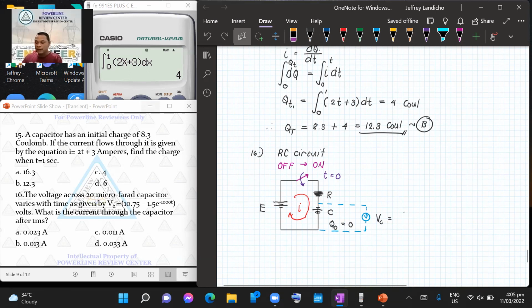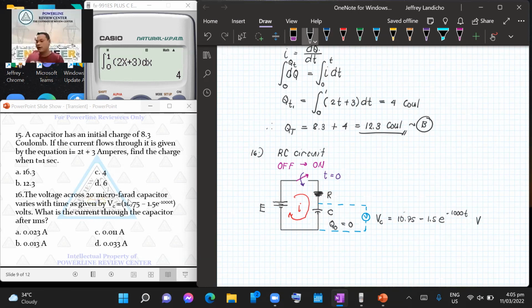And we have found out that the reading of the voltage across the capacitor can be determined by this equation. Lumalabas, the voltage across the capacitor at any given time based sa problem can be computed as 10.75 minus 1.5 e raised to negative 1,000 t volts.